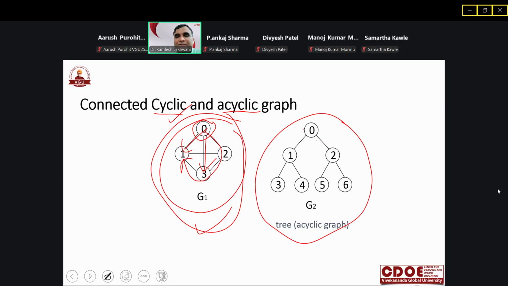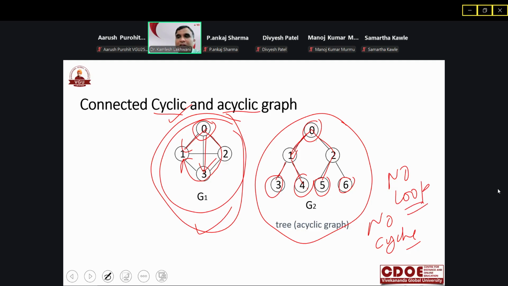So there is a path from 0 to 6. There is a path from 0 to 5. There is a path from 0 to 4. There is a path from 4 to 0. There is a path from 0 to 1 and 1 to 3, right? But there is no cycle. There is no loop.